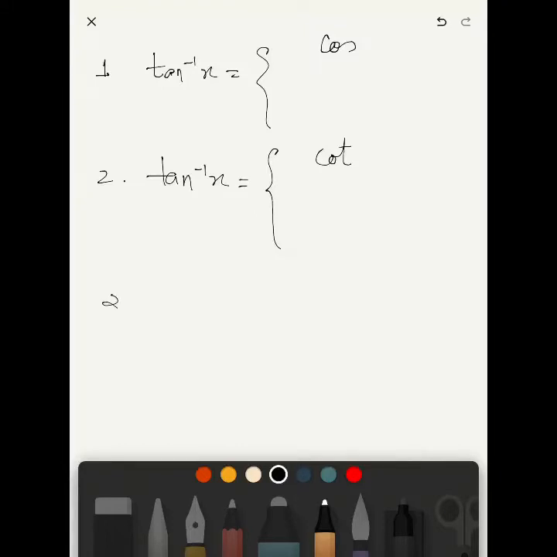The third one is cot inverse of x is equal to, convert this into tan. And just compare your answer.